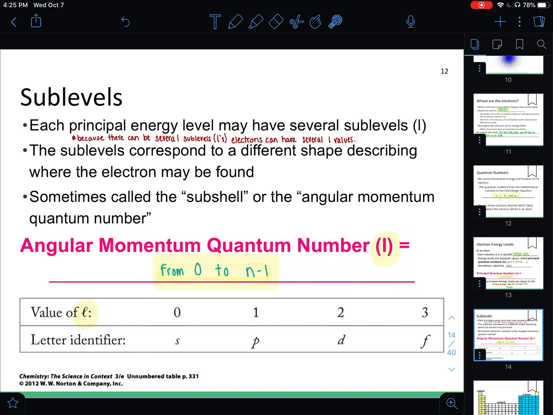So if we have an atom that is in period 2, therefore has a principal quantum number of n equals 2, its possible l values would be 2 minus 1, which is 1, so anything from 0 to 1.